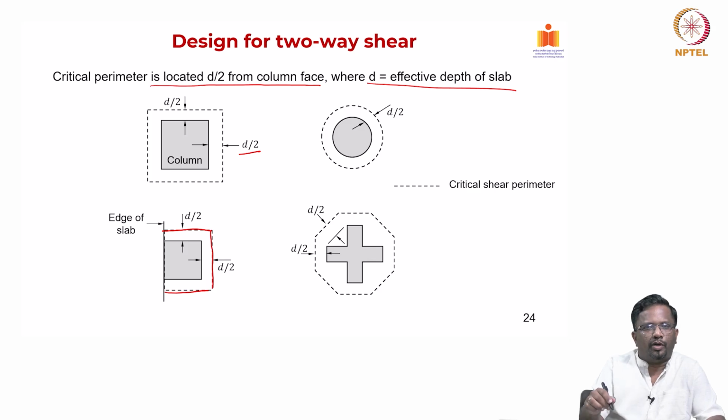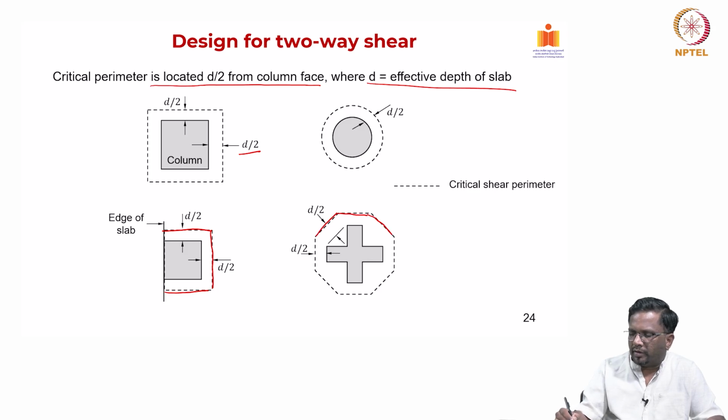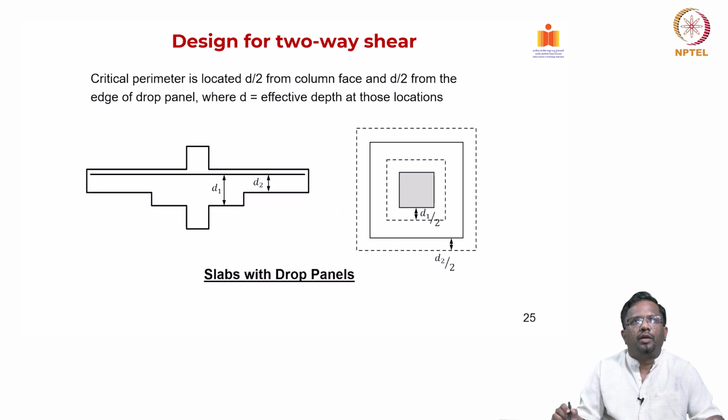For an interior slab, you have all four sides with sections that are resisting the shear, and when you have very unusual shaped columns like these plus-shaped columns, then you take D by 2 from all the periphery, and then you create this kind of critical shear perimeter region for calculating the capacities, right. So, this dashed line is nothing but your critical shear perimeter, right.